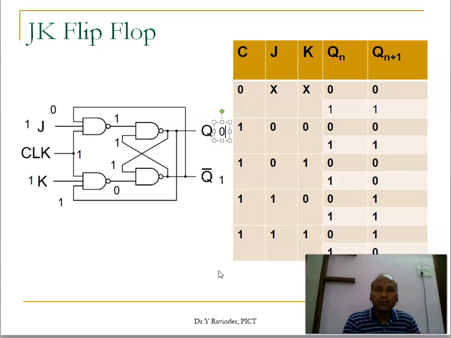So this is also called the race condition, because if the delays are not matching, if the clock remains 1 for a longer time, then this will go on toggling.